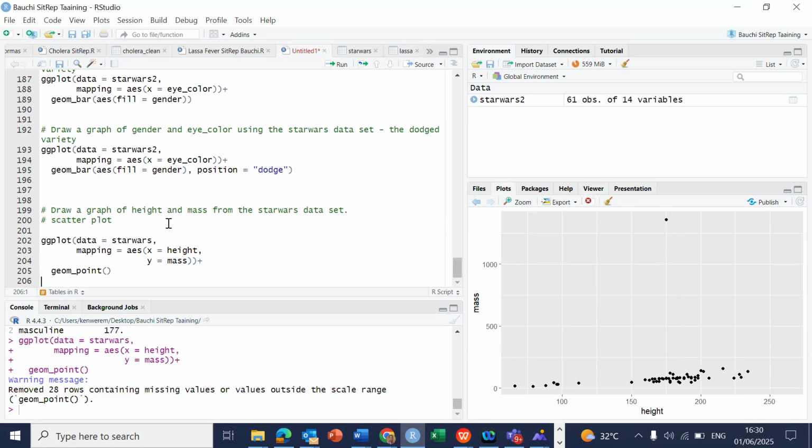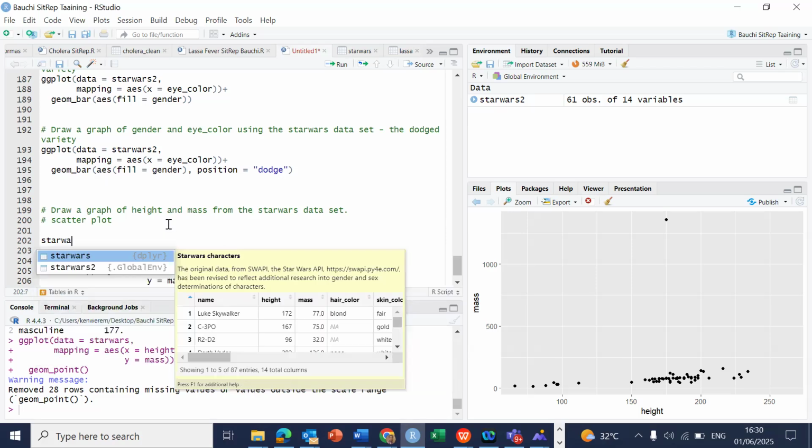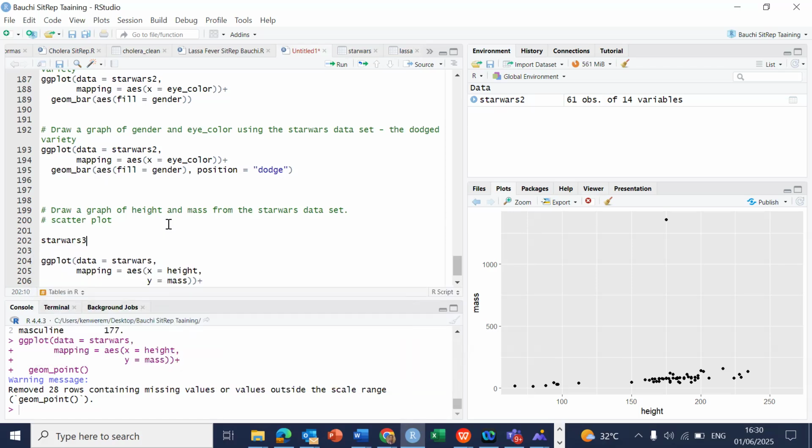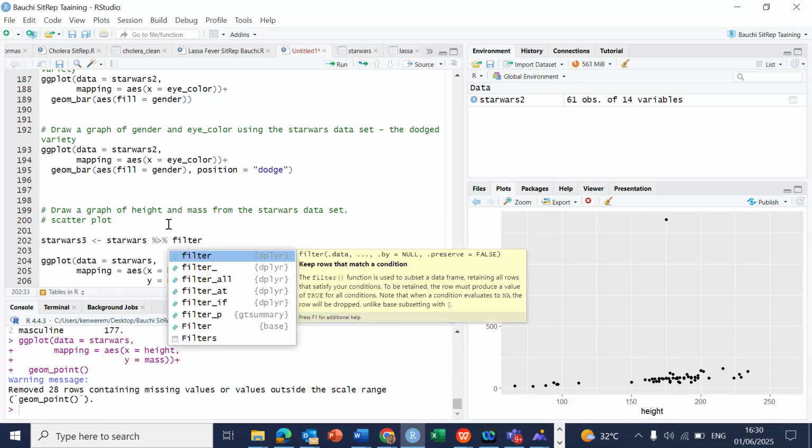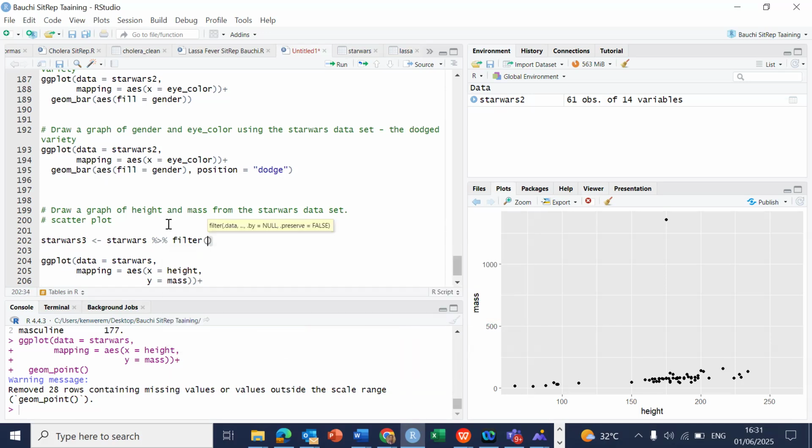So if I wanted to eliminate that guy as an outlier, what I would do is to create another data set without him. So let me call the new data set Star Wars 3, for example, and I will assign it to our Star Wars, and then I will filter only those whose mass is less than 250.